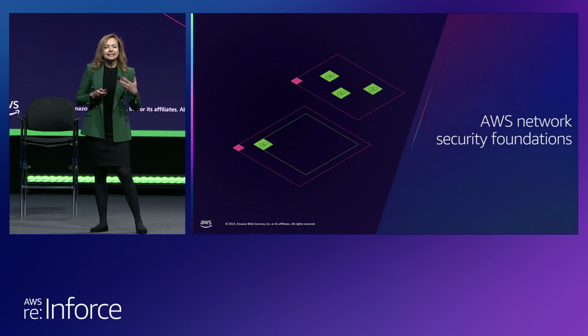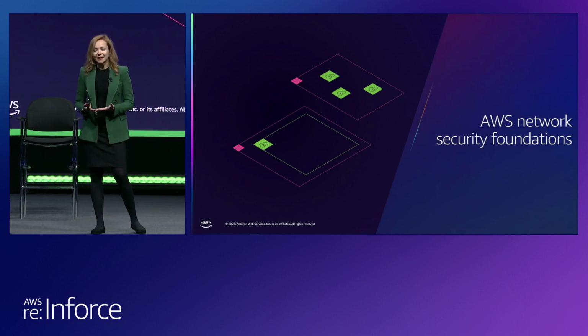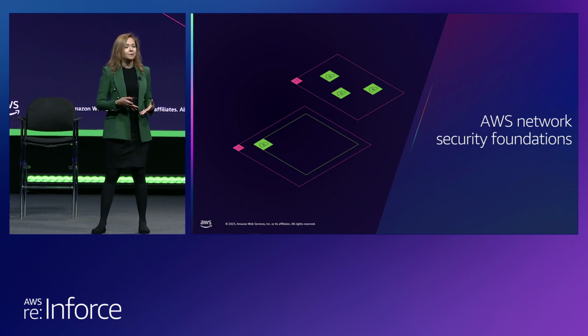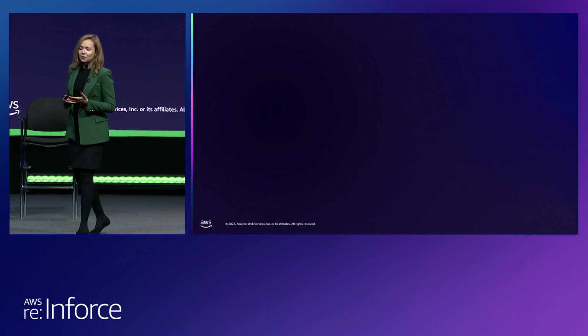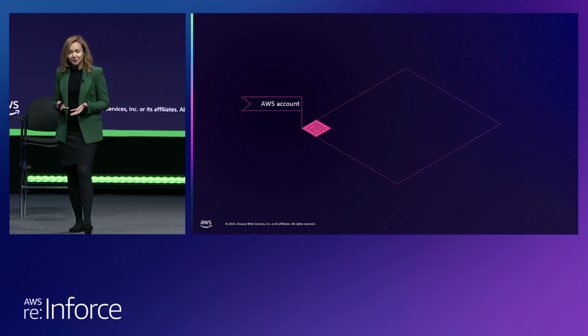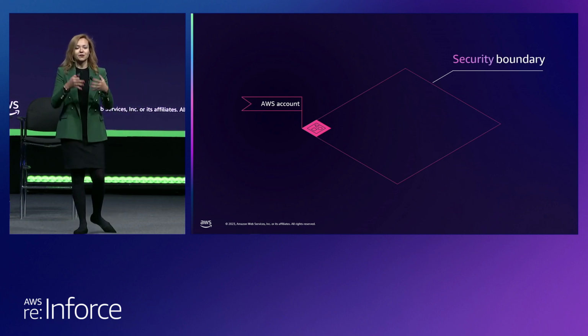Now, to build this layered security approach and to integrate the two worlds, we have to start with the foundations and fundamentals of security on AWS. And here is where we start by looking at the AWS account, right? The AWS account is your security boundary on AWS around your assets.